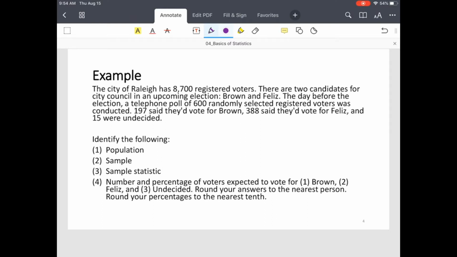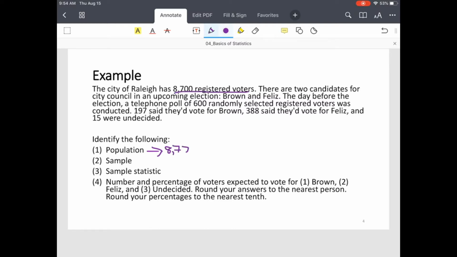We're going to round to the nearest percent, or the percent to the nearest tenth, and people to the nearest person. All right, so let's start out with population. We know for a fact we've got 8,700 registered voters in the city of Raleigh.